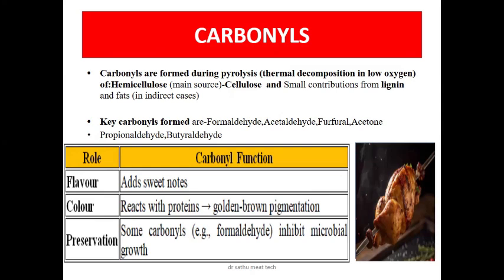How they bring the color is that the carbonyl groups of these compounds react with the amino groups of the meat proteins, and Maillard reactions take place when they are subjected to a little high temperature. This gives the product a golden brown color. They contribute flavor to some extent, but color is mainly brought by these carbonyl compounds, the golden brown pigmentation. You can see it in the chicken.